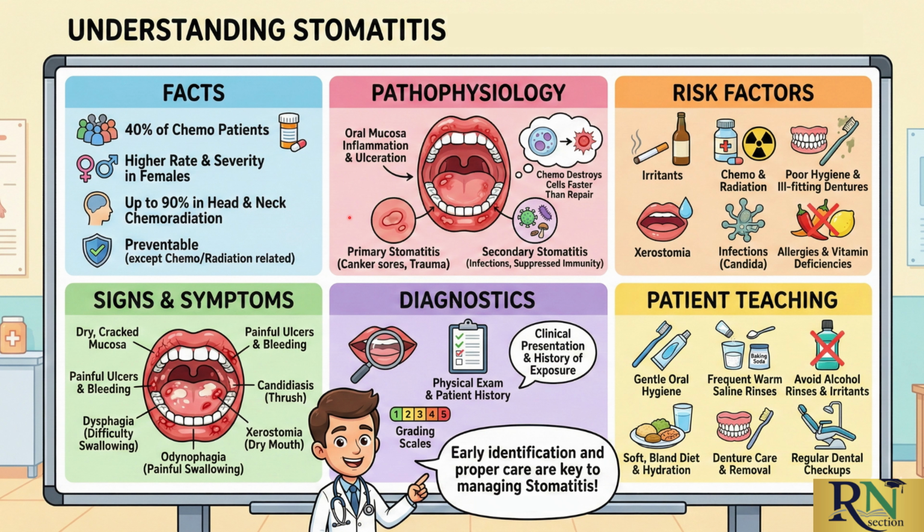We have the primary stomatitis, which includes the canker sores, herpes simplex stomatitis, and traumatic ulcers. We have the secondary stomatitis, which results from viral, bacterial, or fungal infection in patients with a suppressed immune system, often due to chemotherapy or radiation.